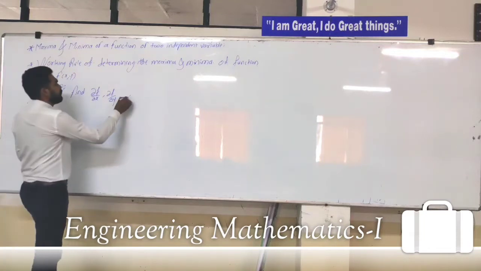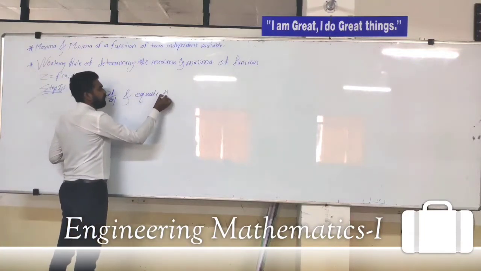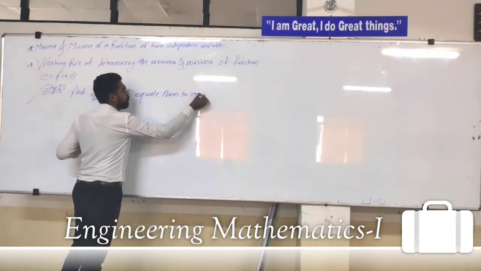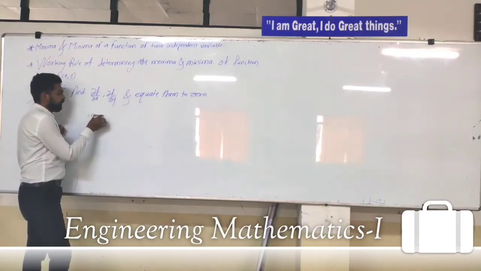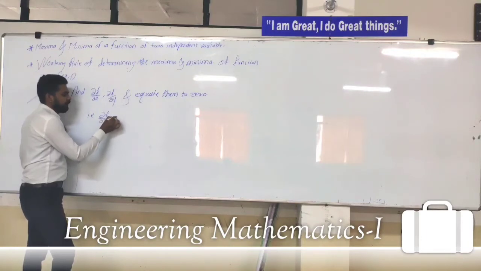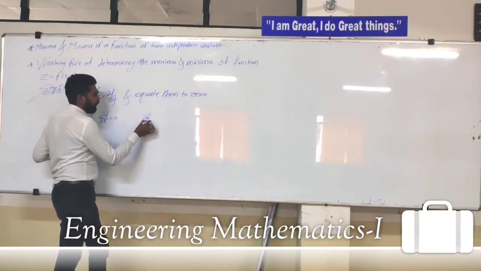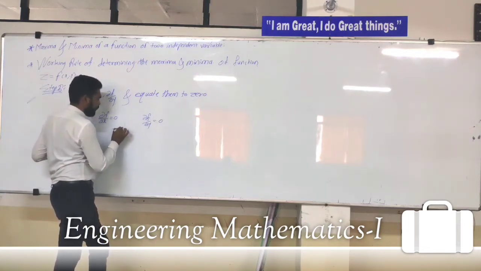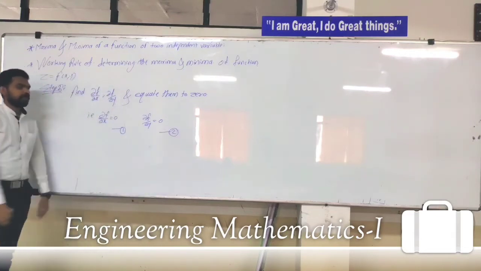And equate them to 0. That is del f by del x is equal to 0 and del f by del y is equal to 0. Denote this one as equation number 1 and this one as equation number 2.